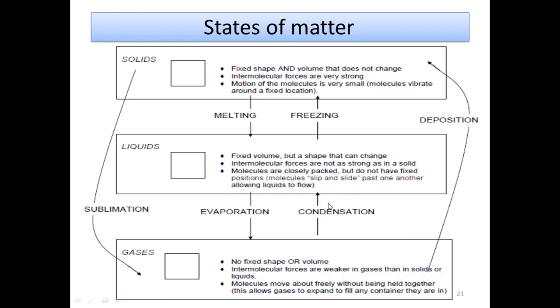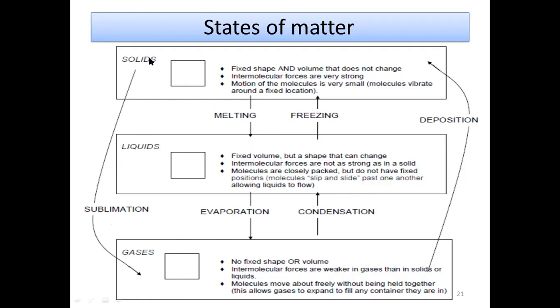So condensation is with the removal of heat, and evaporation is with the absorption of heat, because if you want to convert the gas to the liquid, you must release the heat. That's why the condensation will start. When the temperature goes down, the rain starts, because this process is happening in the upper atmosphere.